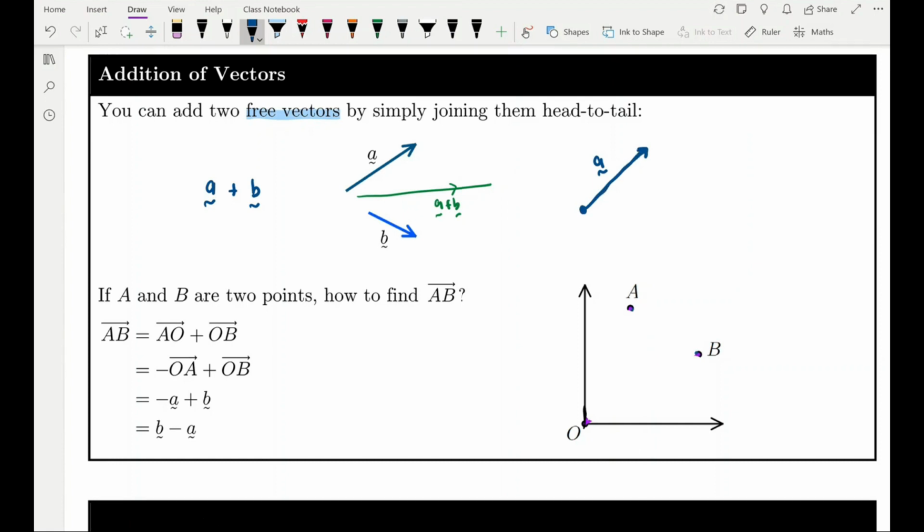This is our A, and then join with the initial point for B. So this is B. So we can get A plus B from the initial point of A until the tail of B. This is our A plus B.